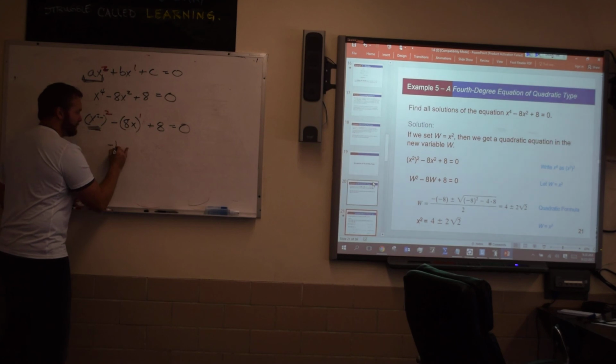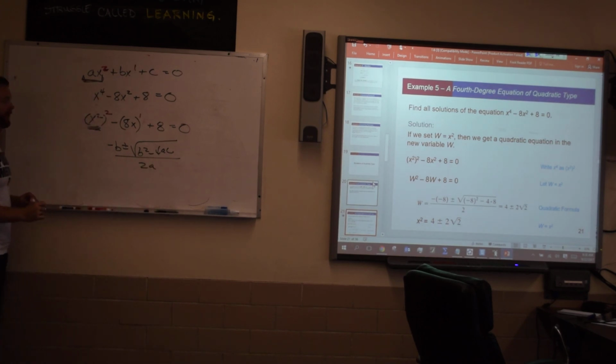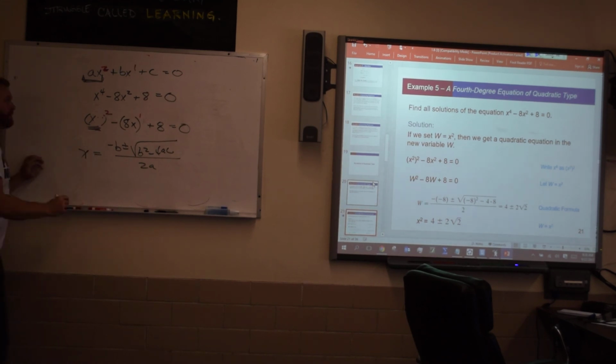So I'm going to go opposite of b, plus or minus the square root of b squared minus 4ac all over 2a. And normally, if that was just x to the second power, I'd write x equals that stuff, right? But now it's x squared to the second power, so this becomes x squared. Is that doable? Alright. After that, it's all the same as what we've done.